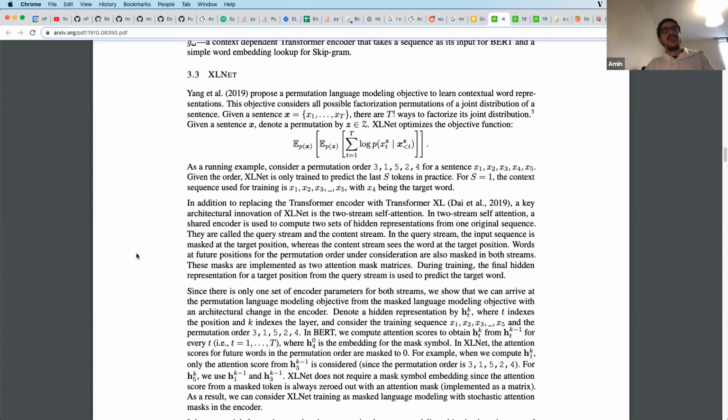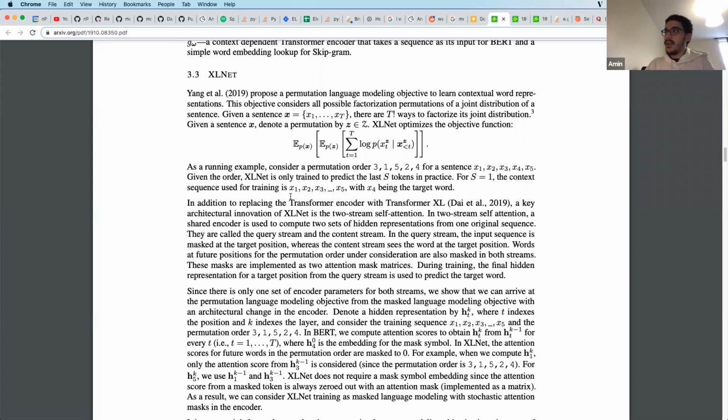The point I was trying to make is, in practice, it doesn't actually permute the sentence itself. It uses an attention mask, so it just applies an attention mask to words which come after the target word in the permutation order.